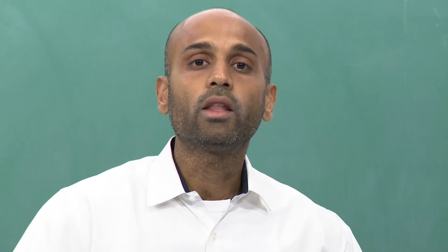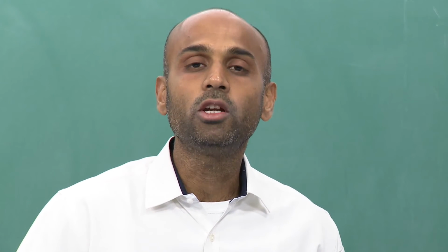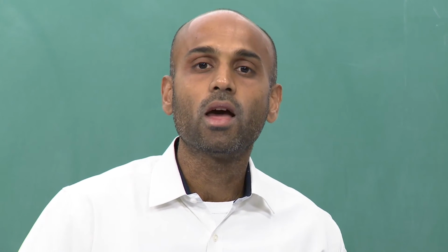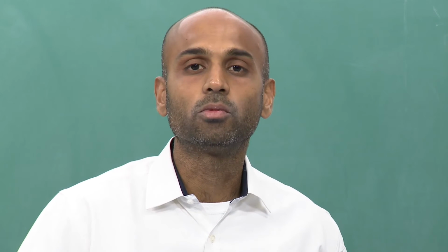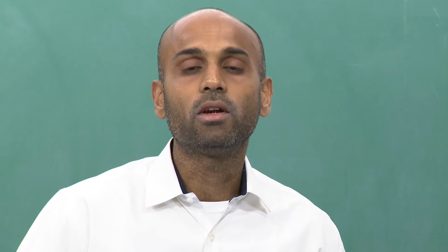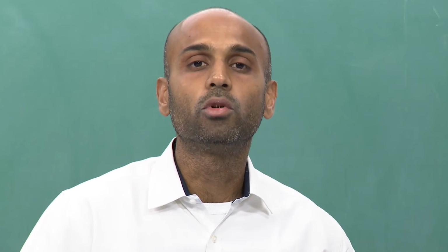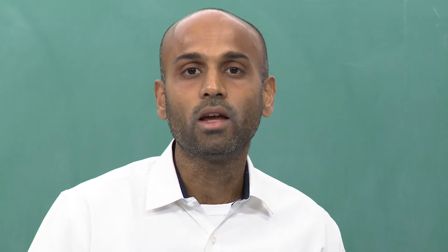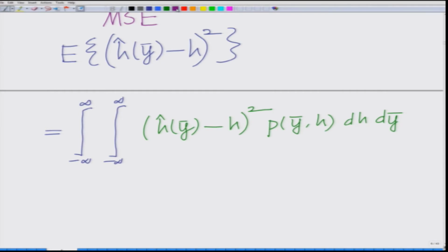To get the mean squared error, I have to average this random quantity over the joint probability density function of both the observation vector y bar and the parameter h, because, as we have said, in the Bayesian framework, the observations y bar as well as the parameter h are random in nature. Therefore, to compute the mean squared error, I have to average this instantaneous quantity over the joint probability density function of the observation vector y bar and the parameter h.